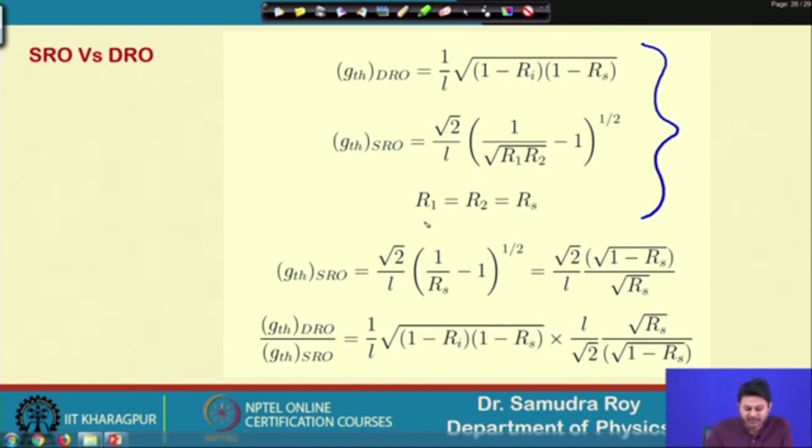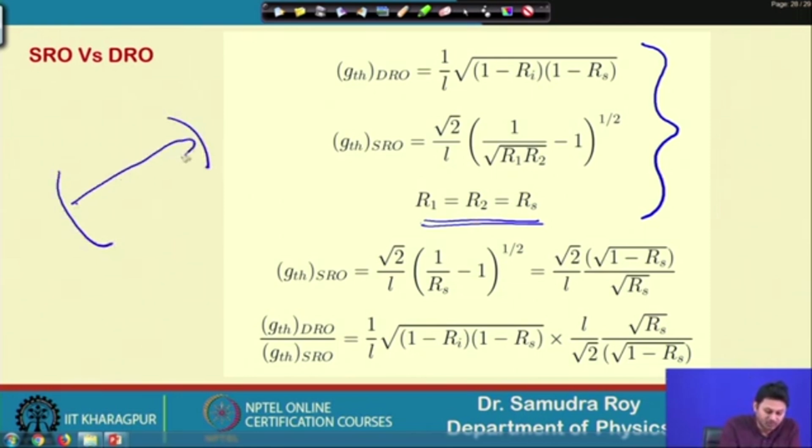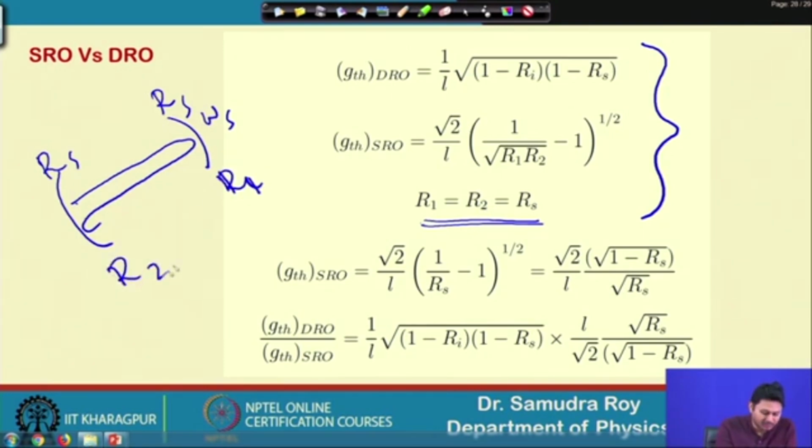As I mentioned, I write R1 equal to RS and R2 equal to RS for the single resonant oscillator, because in the single resonant oscillator only omega s is going to oscillate. So I can write the reflectivity as RS and RS instead of RI and RS. This is R1 and R2 in the previous notation.